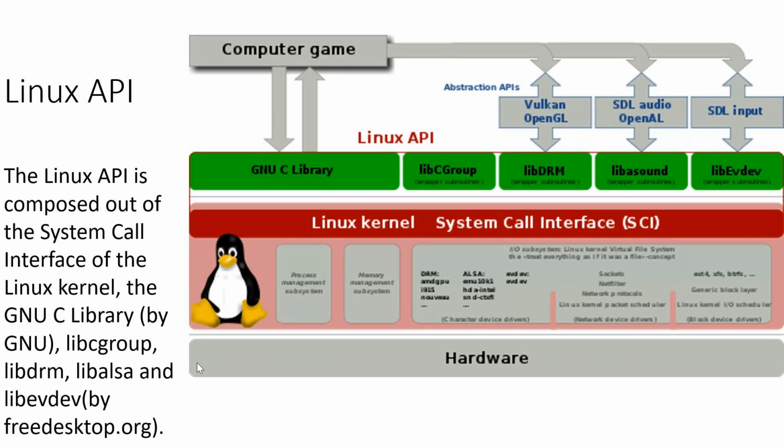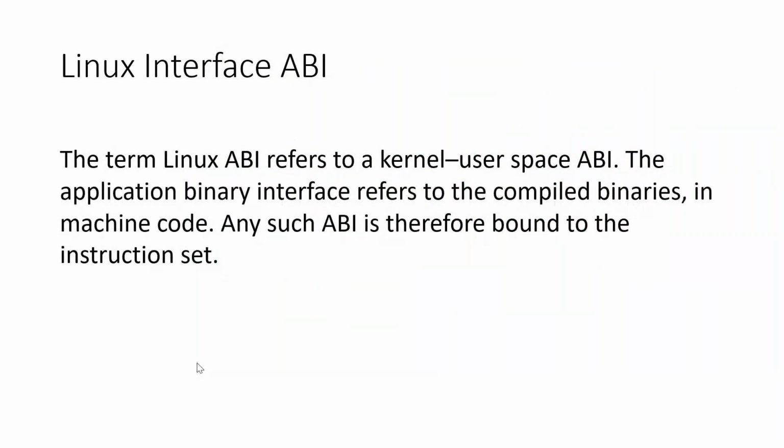Just understand that system call has a few interfaces which make things accessible from user space to kernel space. There's another interface which we have, the ABI. The term Linux ABI refers to the kernel user space API. The application binary interface refers to the compiled binaries in machine code, and any such ABI is therefore bound to the instruction set.